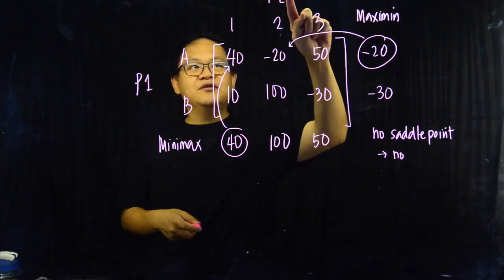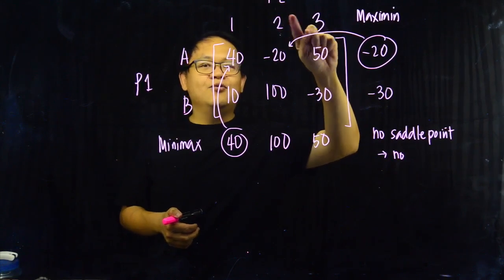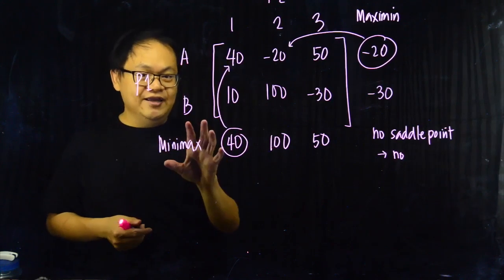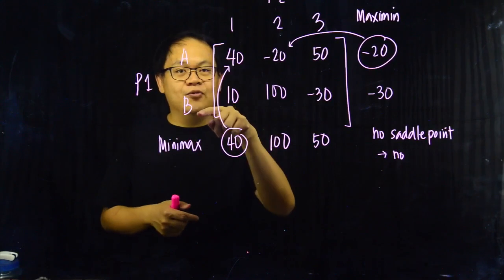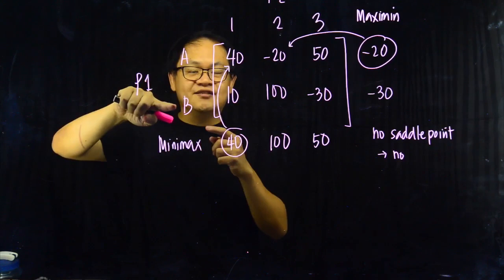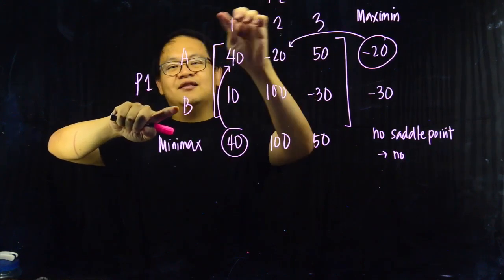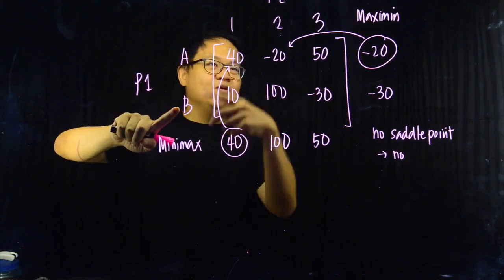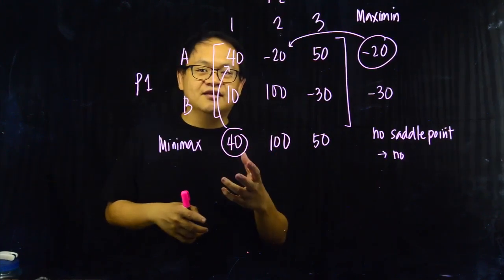Once player 2 has chosen a particular strategy, he will have to give player 1 a chance to either agree and stay as is on player 1's strategy, or to change. If player 1 decides to change the strategy, because player 2's current strategy was based on the fact that player 1 chose, let's say, A, and now player 1 chose B, then we will have to give player 2 the chance again to change the strategy.